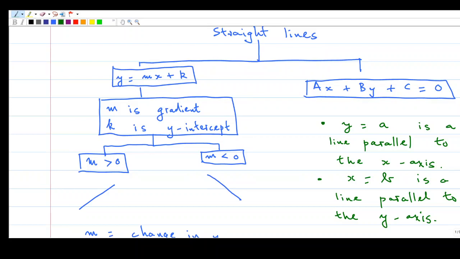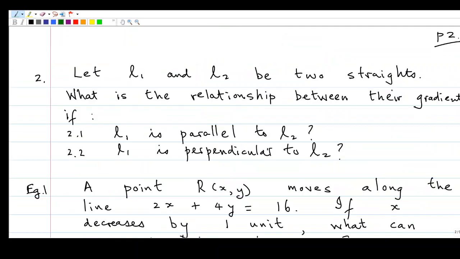We now move on to the next page, page 2 of the lecture outline.